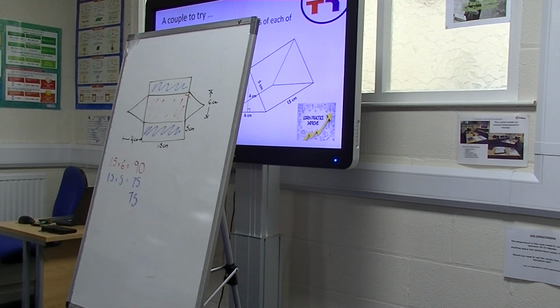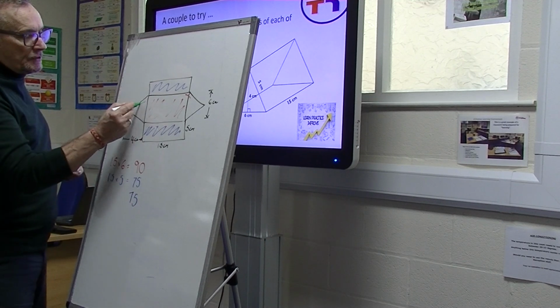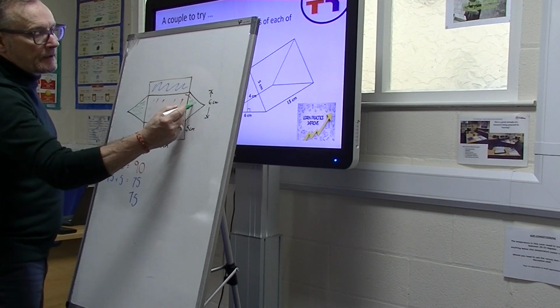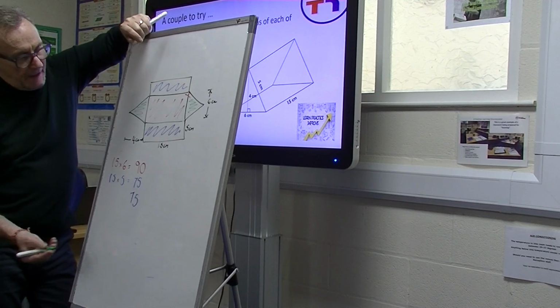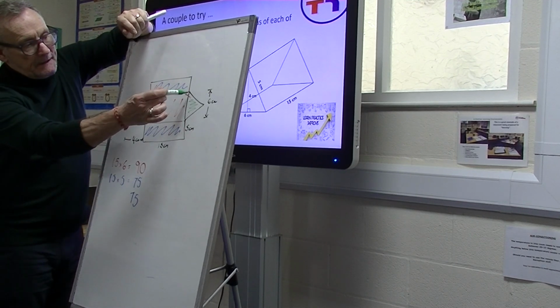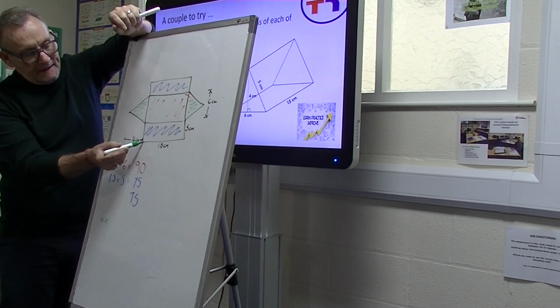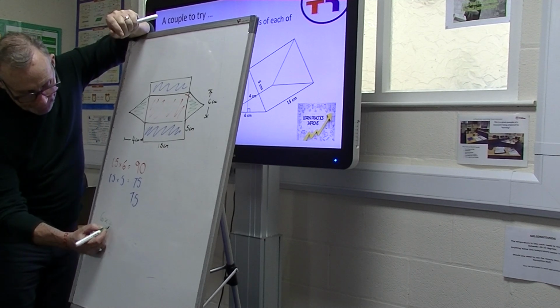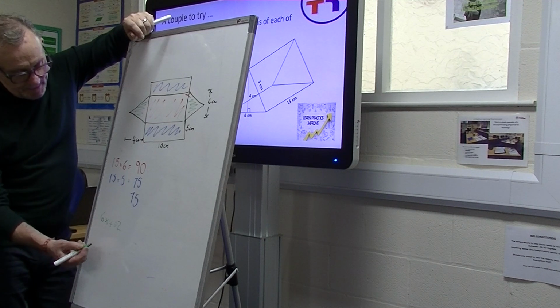And then we come to the triangles. I think these are a little bit easier to work out because once you see it split open like this, you can see what the shapes are. So we know the formula for the triangle. It's the base times the height divided by 2. The base is 6. The height is 4. 6 times 4 divided by 2.